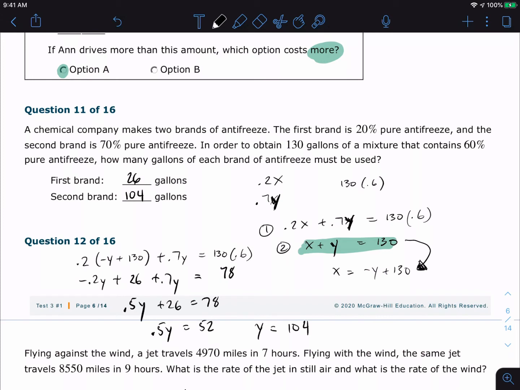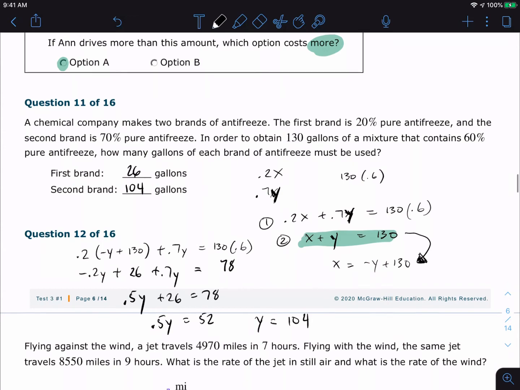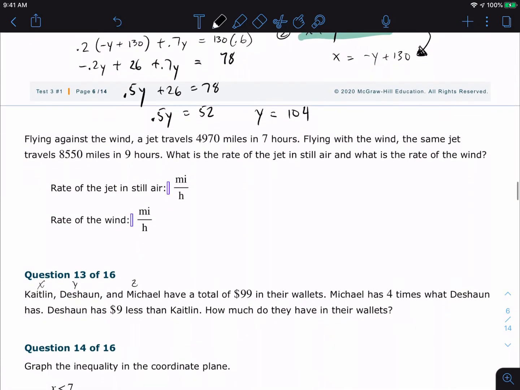Okay? And the way we could have done that was x plus 104 is equal to 130, 130 minus 104 gives us the 26. You guys okay with that? Yes. Okay. All right. Let's do the next one.